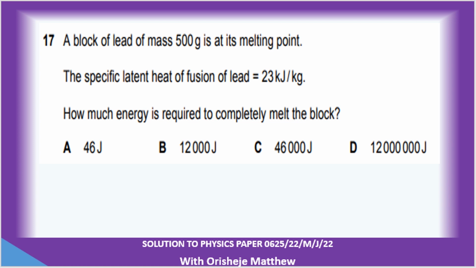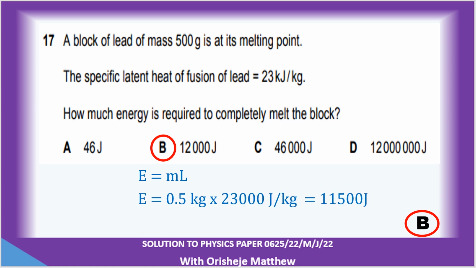How much energy is required to completely melt the block? The energy is ml: the mass of the block times latent heat. So you do that, that will give me 11,500, so approximately 12,000 joule.